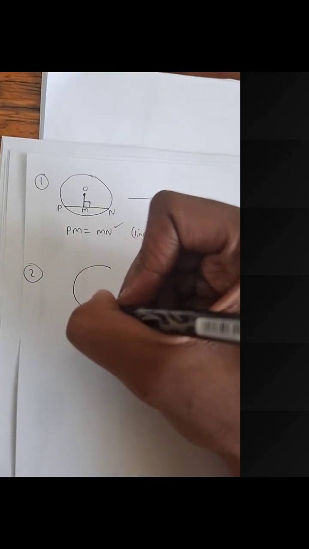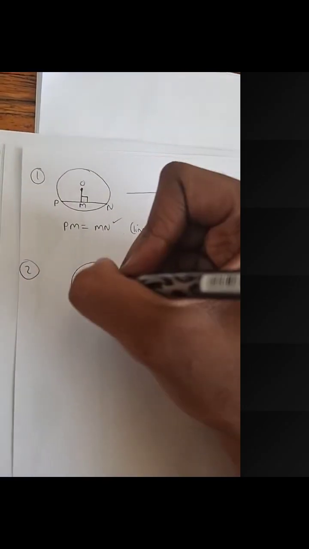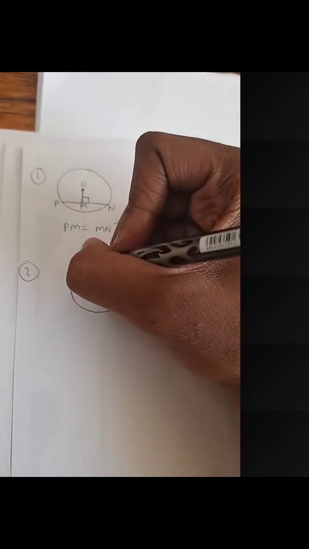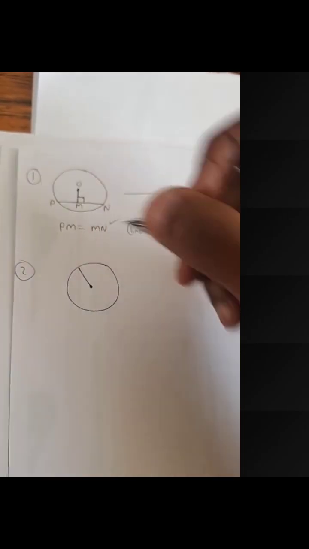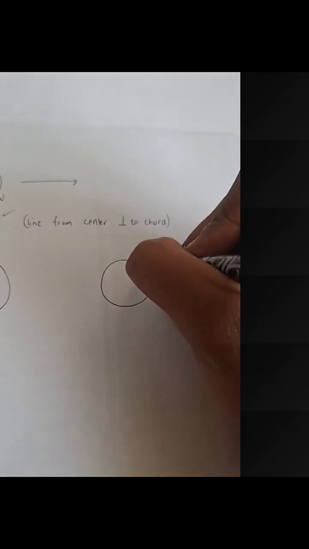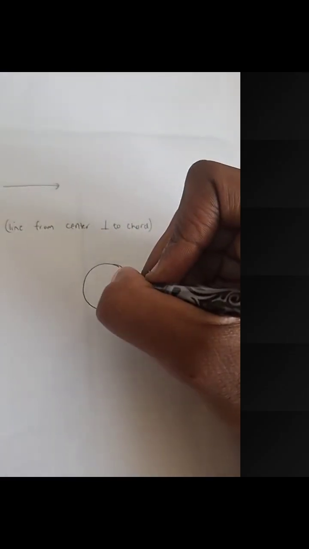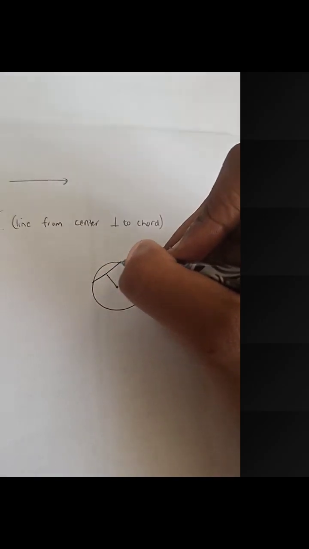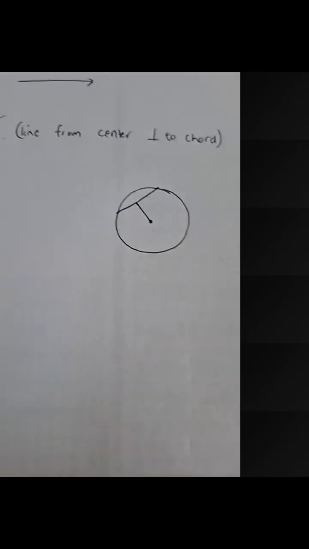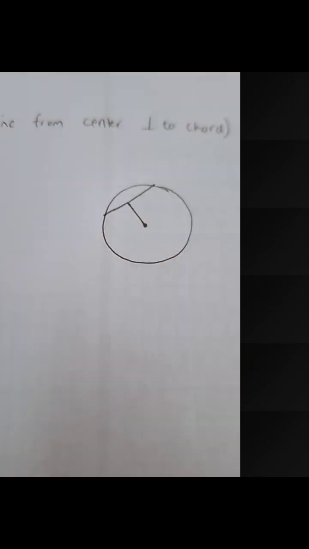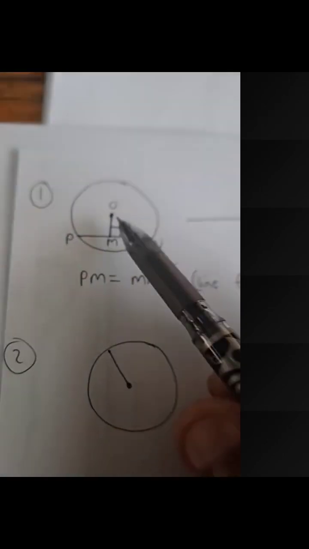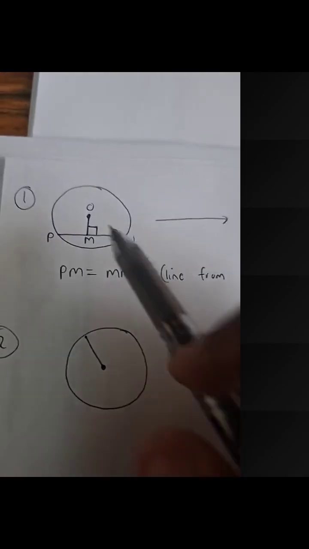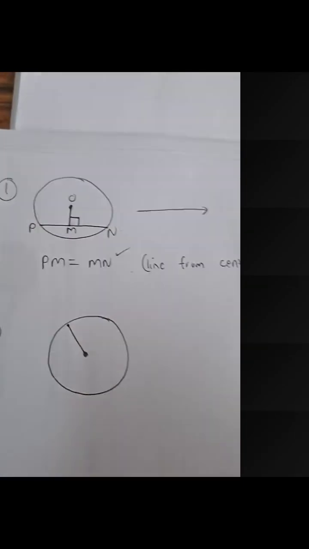The other one was circle. Okay, sorry, let me just redraw that. I just want to change orientation, because oftentimes you see the theorem like this and people think it's always going to be like vertical, upside down.